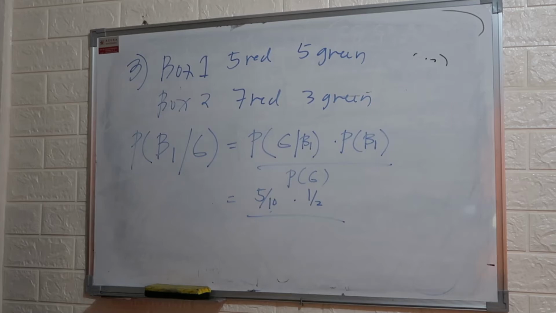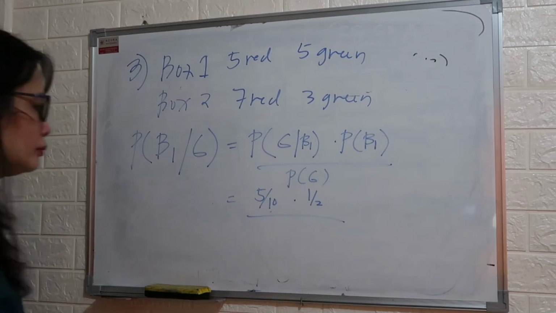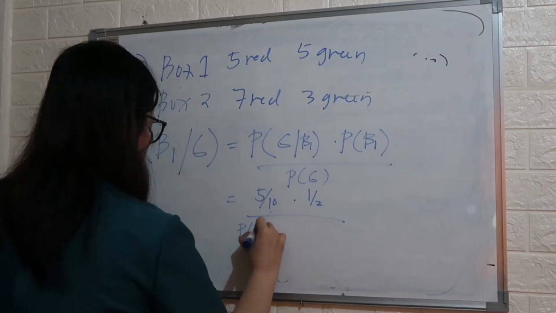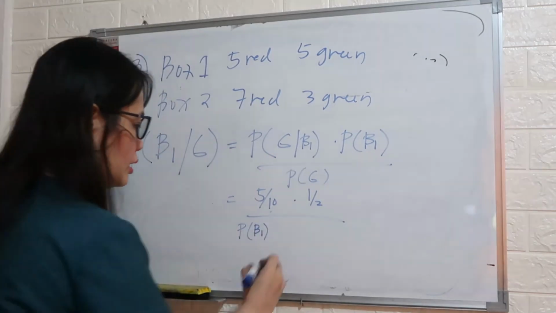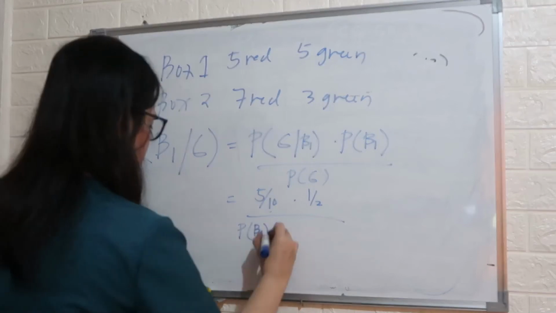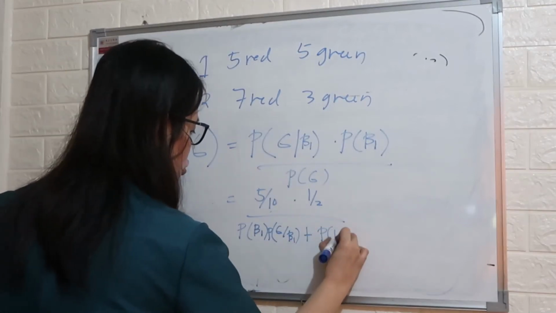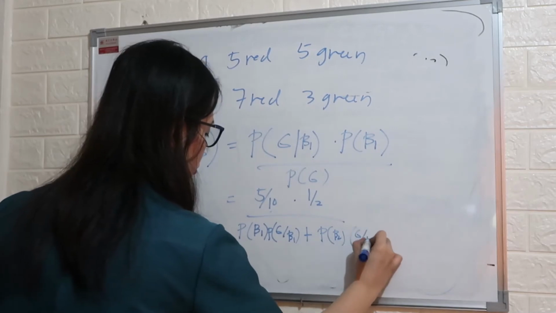So what is the probability of getting green? Meaning, the probability of choosing box 1 and the green came from box 1, plus the probability of choosing box 2 and green coming from box 2.